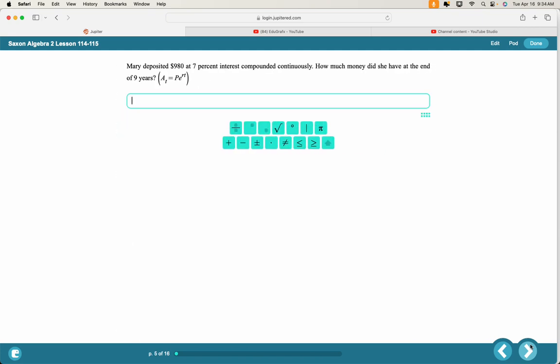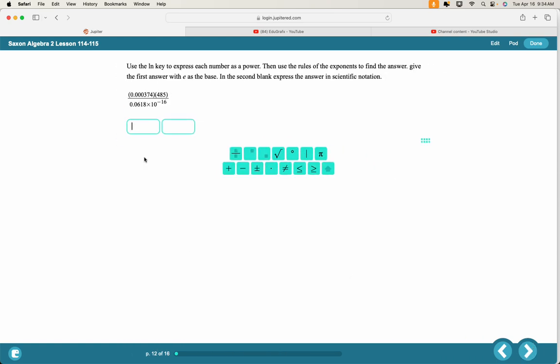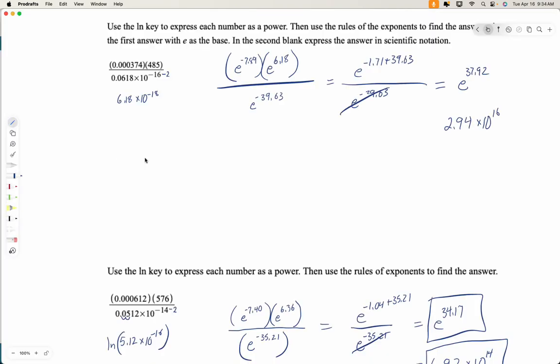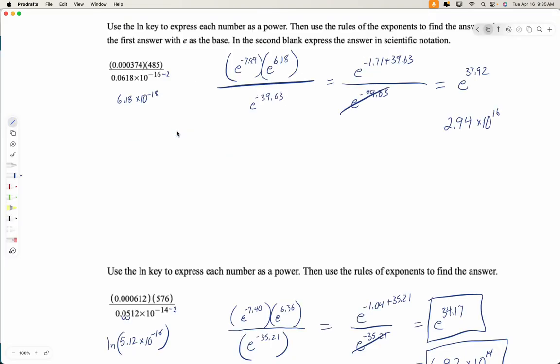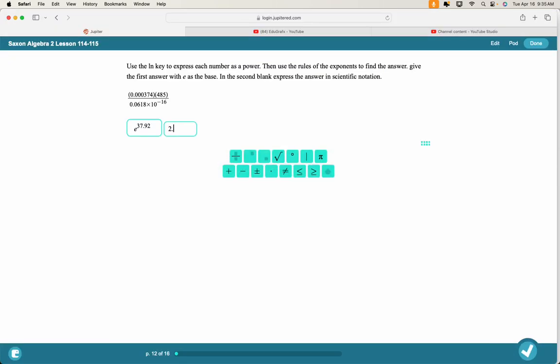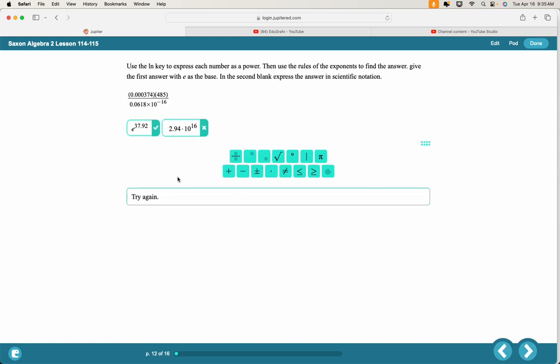So we'll try this again: e to the 37.92, and then 2.94 times 10 to the 16th power. It's still not giving me the right one. Whatever, I know it's right.